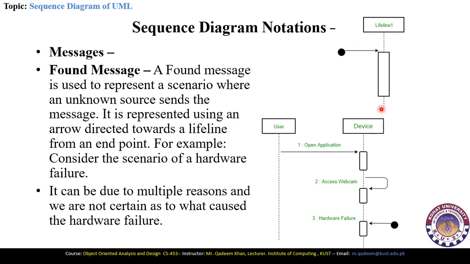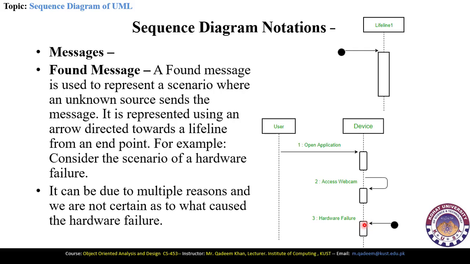For example, here we have the hardware failure example, where a user opens the application by sending the open message, then the web access is called as a self message, and then the hardware failure message is received from an unknown source. We are not aware of the causes of these failures.